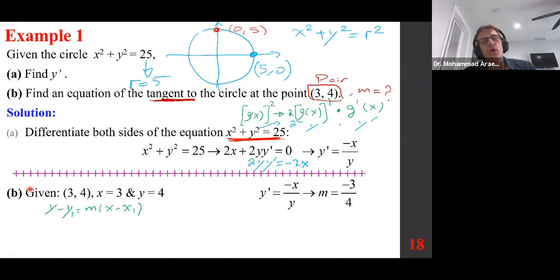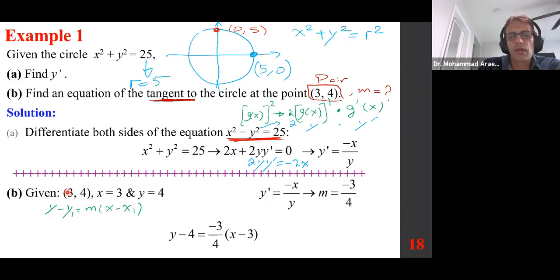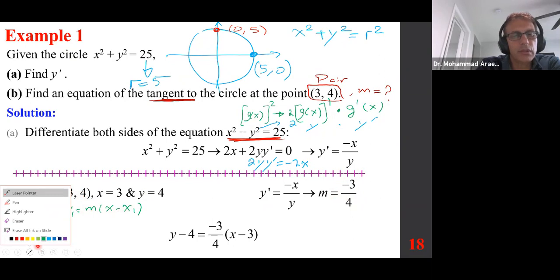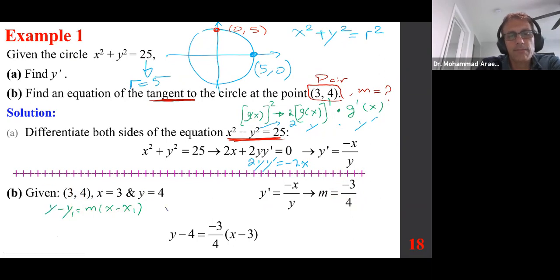The good old point slope. Y minus y1, that means y minus 4 equals m, that means negative 3/4, times x minus x1, that means x minus 3. And now, let's write at top of it, the next step. And this is y minus 4.